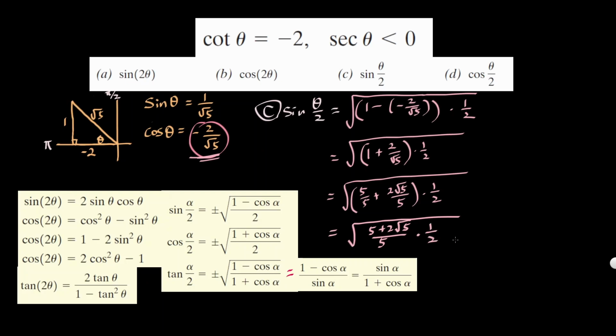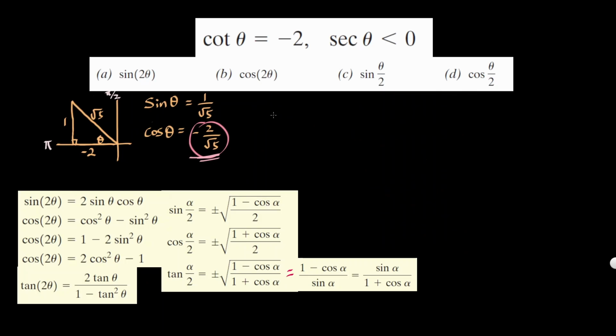Then multiplying by 1/2 gives square root of denominator 10, and 5 plus 2 square root of 5. In most cases, this is okay. Or if you want to rationalize it, you multiply by square root of 10 over square root of 10.